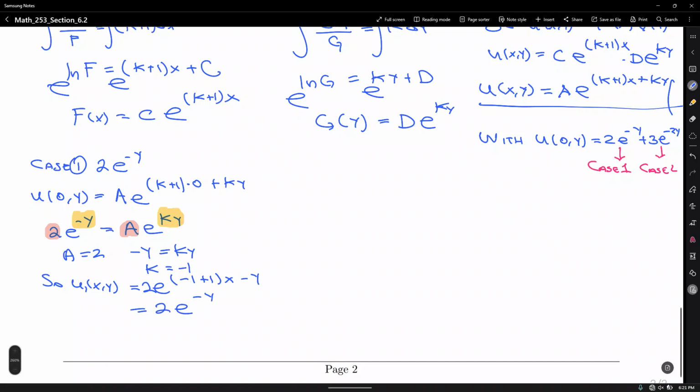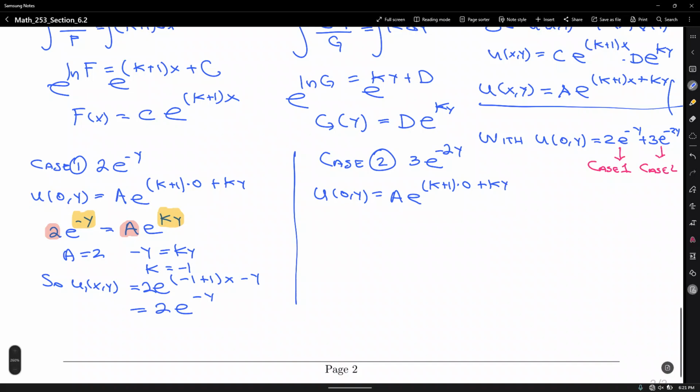Okay. Case number 2. What is it? So u of 0, y, case 2, that's related to 3e to the negative 2y. So u of 0, y, that's again a e to the (k plus 1) times 0 plus ky.